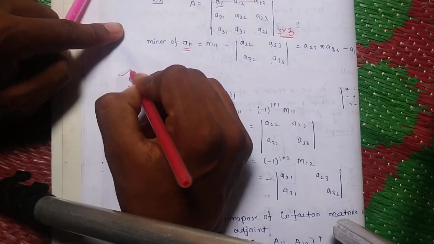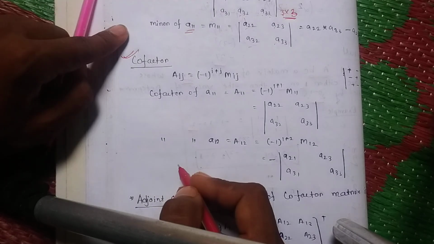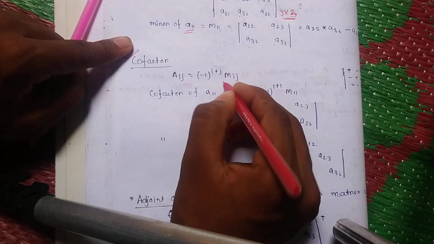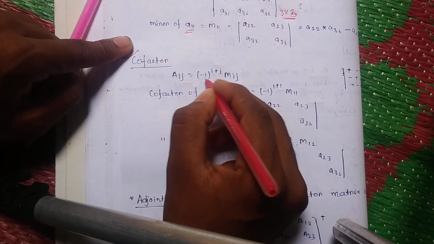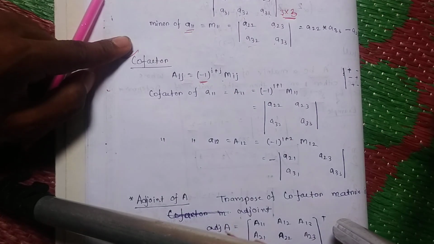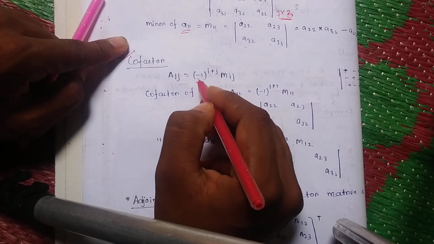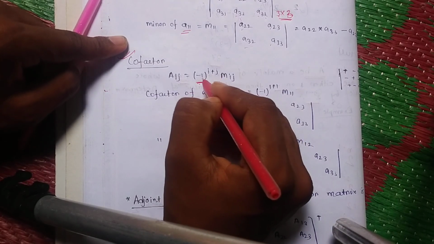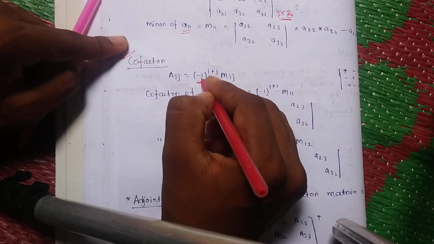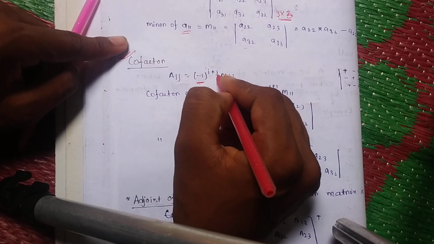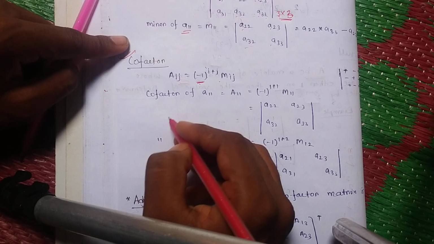Now cofactor. Cofactor means just in front of the minor you have to add its sign. For a matrix every position has a sign, and the sign is given by minus 1 power i plus j, where i is the number of the row and j is the number of the column.